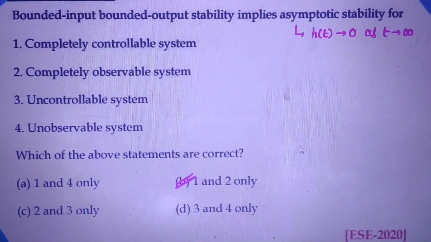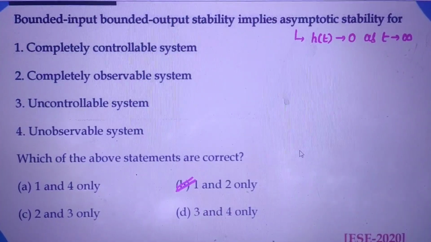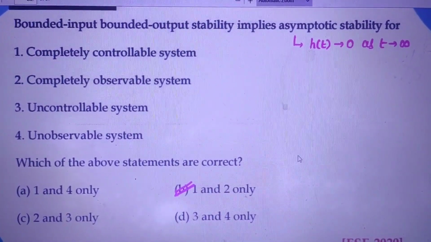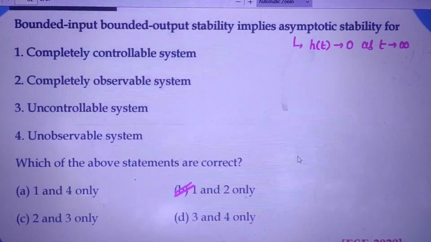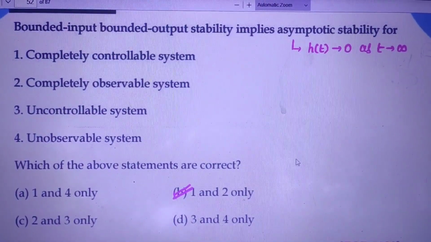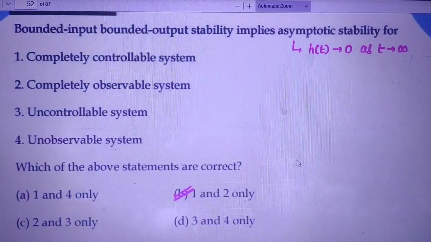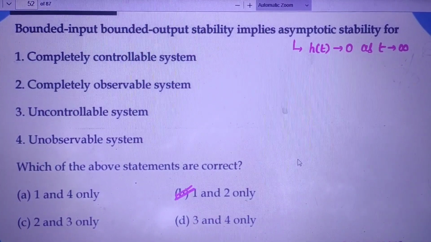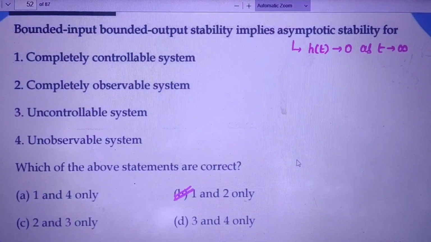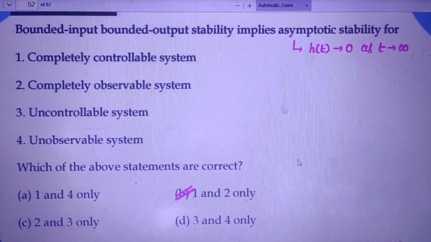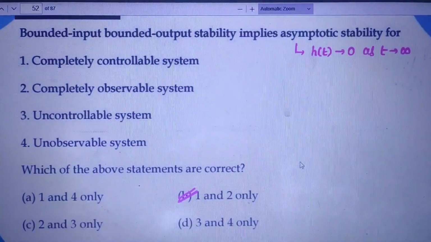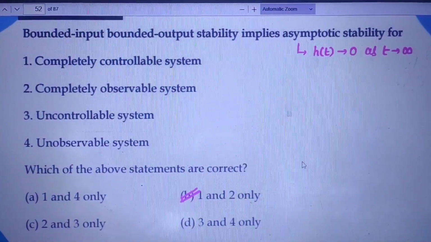In this question, asymptotic stability means h(t) tends to 0 as t tends to infinity. And bounded input, bounded output stability implies this for a completely controllable and completely observable system. So both 1 and 2 are right.